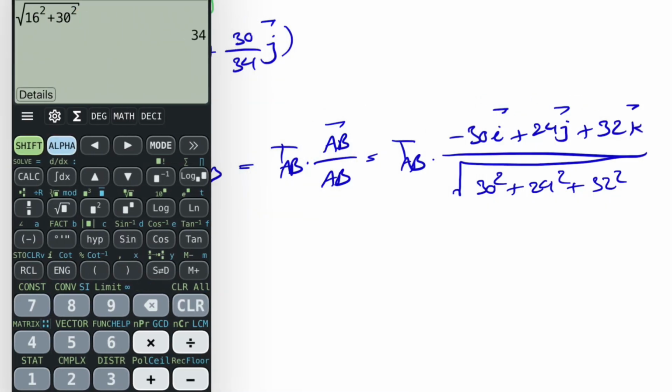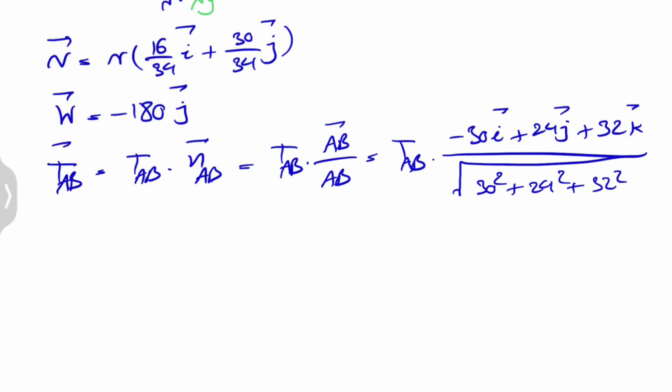Let's see what we get in the denominator. The square root of 30 squared plus 24 squared plus 32 squared is going to be 50. So we have to divide each of the i, j, k components by 50.